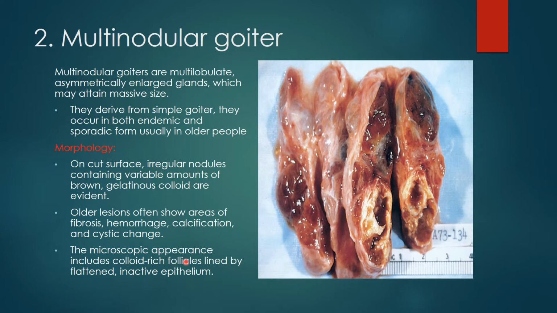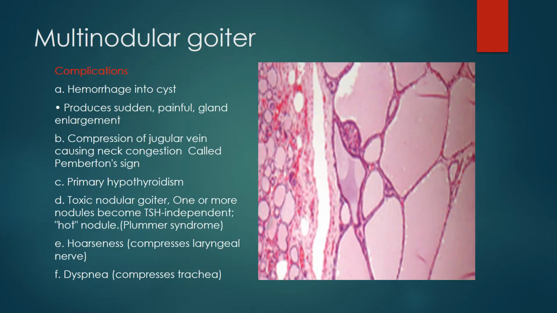Microscopically, the gland will show colloid-rich follicles lined by flattened and inactive epithelium, and I will show the pictures in the next slide. My dear student, now the multinodular goiter histopathologically looks like what I have shown in this picture.